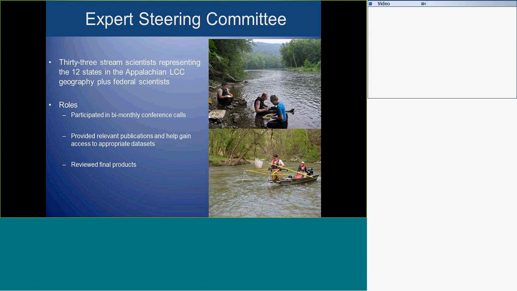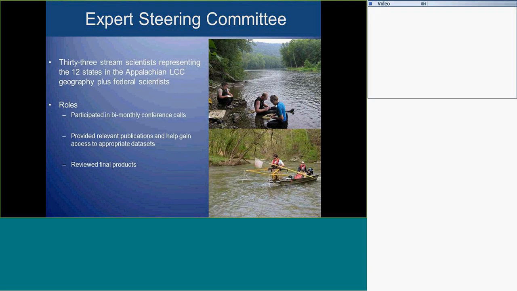When we did this project, we assembled a representative steering committee that consisted of 33 stream scientists representing the 12 states in the Appalachian LCC, plus federal scientists. That group participated in bi-monthly calls where we presented information to them and had discussions about the relevance or the correctness of the information, and also pointed the way towards better data sets, or they sent us their own data, or they helped us develop really good, appropriate data sets to create the stream classification from, and reviewed all the final products.